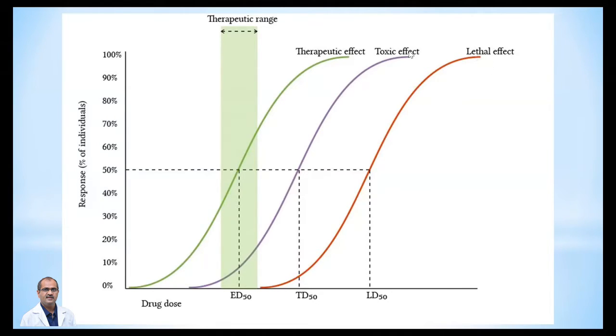There is a difference between the toxic dose and the lethal dose. Lethal dose is the one in which there is mortality. Here the mortality starts because the maximum toxic effects are obtained here. Here you can see this is the effective dose 50, toxic dose 50, and lethal dose 50.